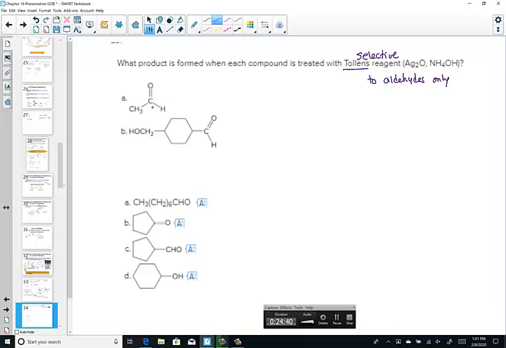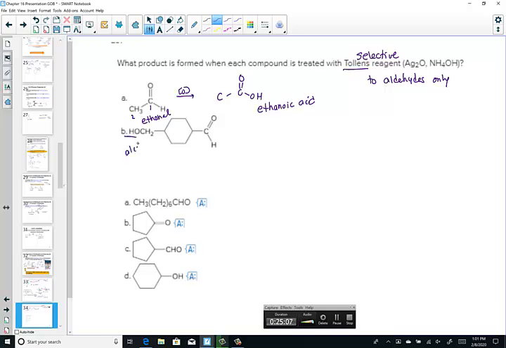So in letter A, 2 carbons long, the product will still be 2 carbons, but now it's going to be a carboxylic acid, ethanoic acid. Just to keep practicing, here we had ethanal, or acetaldehyde. Here we have, oh, see this guy?